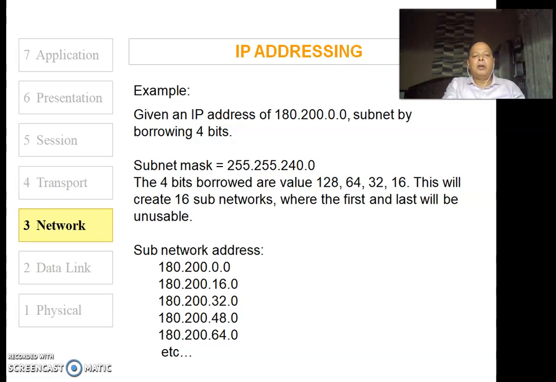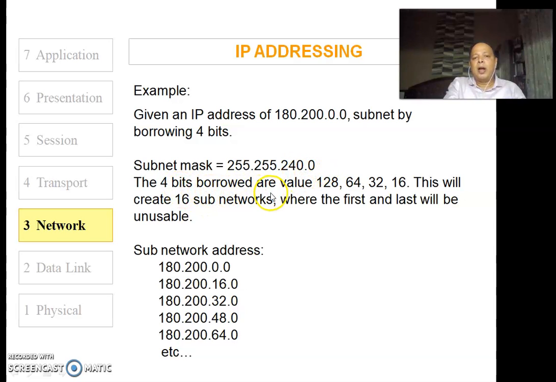I would like to give an example of how the IP addressing is used. Suppose the IP address of a machine is 180.200.0.0, subnetted by borrowing 4 bits. If you don't borrow, the subnet mask is 255.255.0.0. If you borrow 4 bits, it becomes 255.255.240.0.